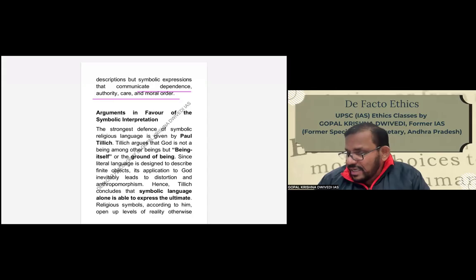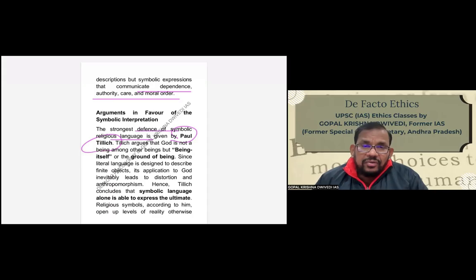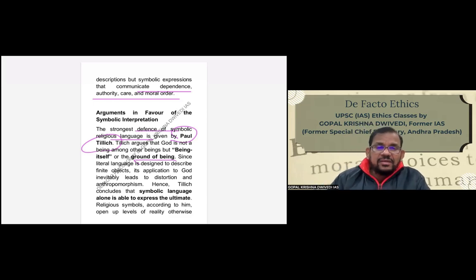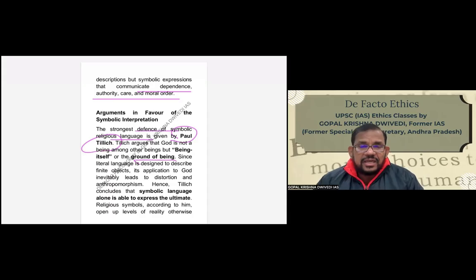We have already seen that the strongest defense of symbolic religious language was given by Paul Tillich, because he argued that God is not a being among other beings, but being itself, or the ground of being. And since literal language is limited, because it is there to describe only finite objects, its application to God leads to distortion and anthropomorphism.